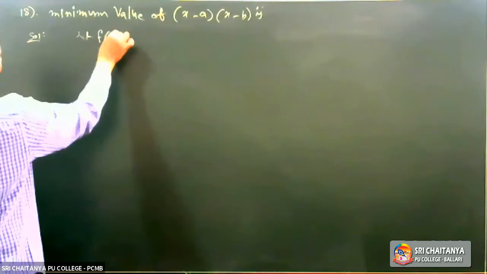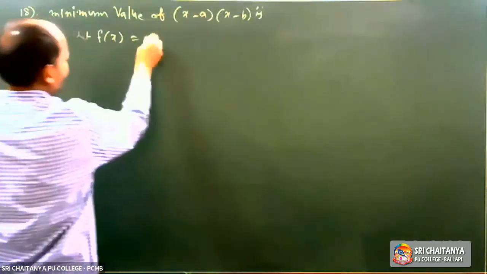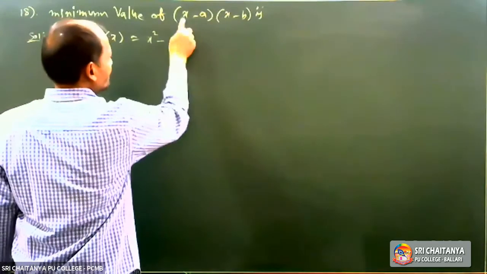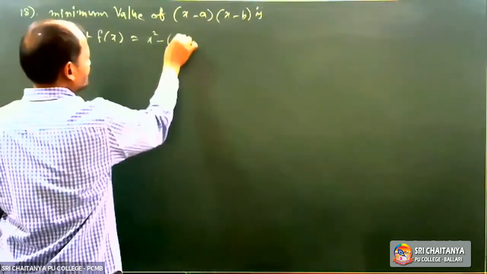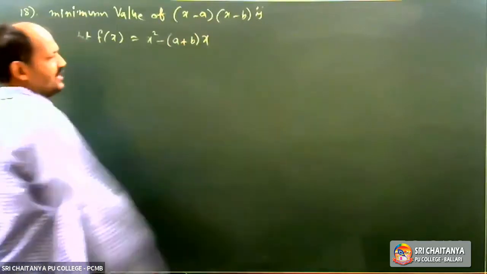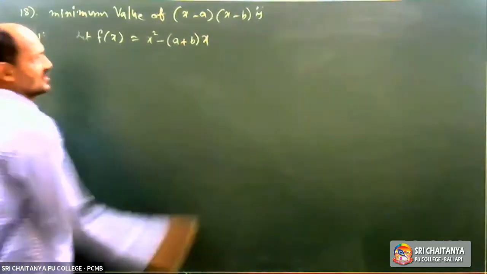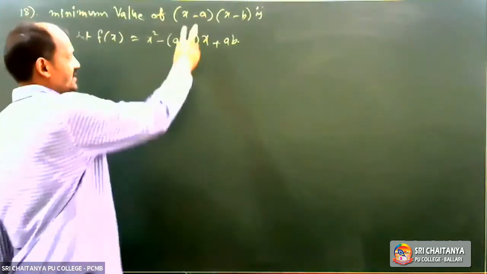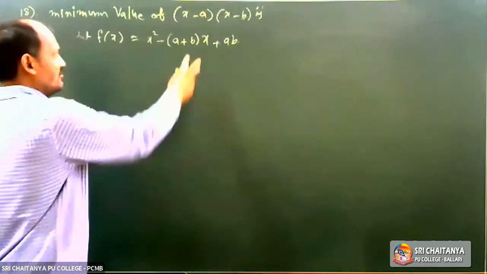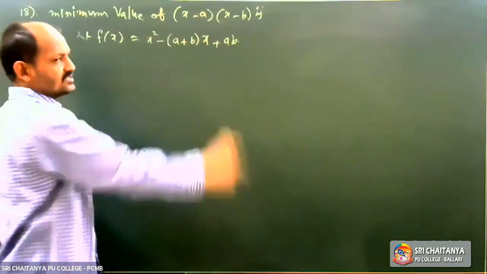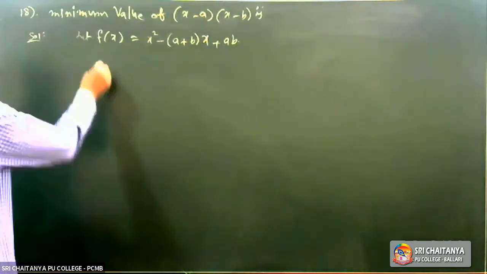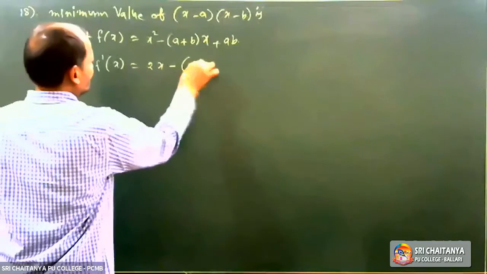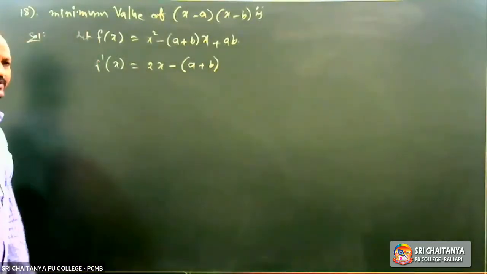Let f of x be x square minus ax minus bx, that means x square minus of a plus b into x plus ab. It is the given function, both are the same, x minus a into x minus b. After multiplying that, we get x square minus of a plus b into x plus ab. First order derivative is 2x minus of a plus b.